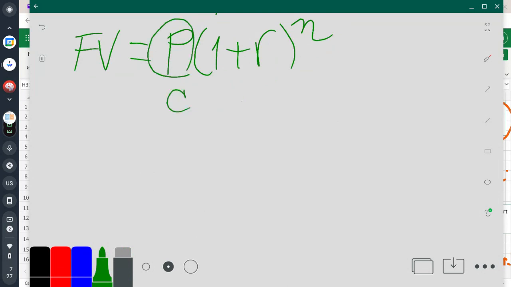If this is cash outflow or negative cash flow, this will be positive cash flow or cash inflow, right? You make a deposit, that's cash outflow. In the future, N years later, you'll have a single cash inflow, single cash flow.